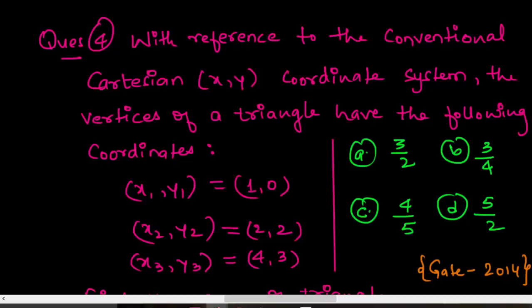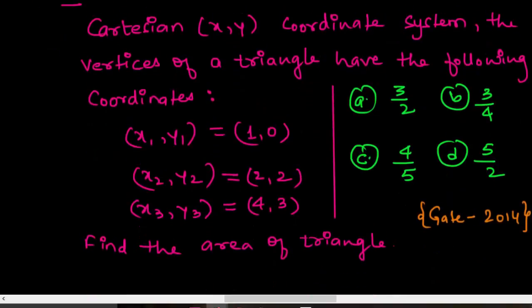Alright, with reference to the conventional Cartesian x, y coordinate system, the vertices of the triangle have the following coordinates. x1, y1 is at 1, 0, x2, y2 is 2, 2, x3, y3 is at 4, 3. Okay, so now you have to find the area of triangle. So this problem says that in a Cartesian plane, 3 points are given and a triangle is formed with these 3 points.